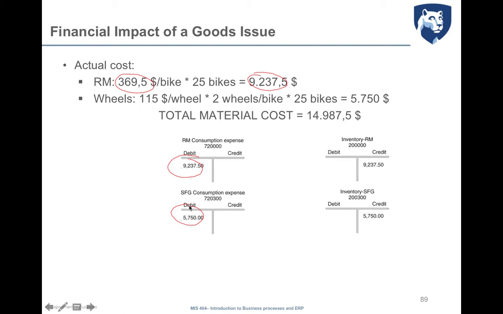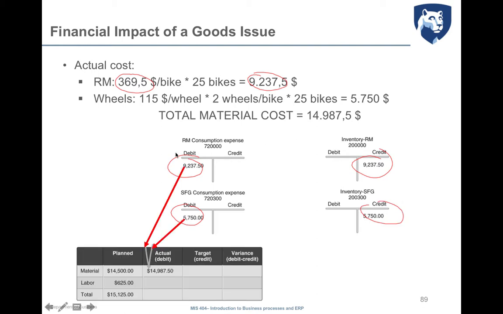Correspondingly, credits are posted to the raw material inventory account and the semi-finished goods inventory account for the wheel assembly issued to the production order, because we increase consumption and we decrease the level of the inventory. So this is an income statement account. This is a balance sheet asset account.